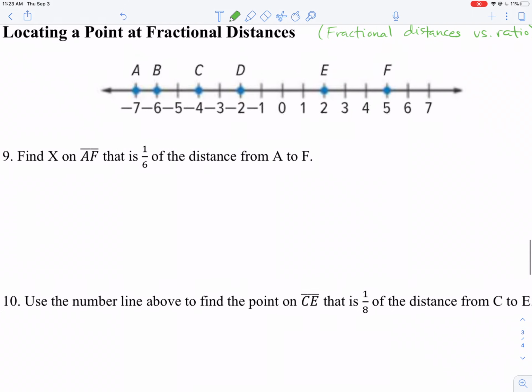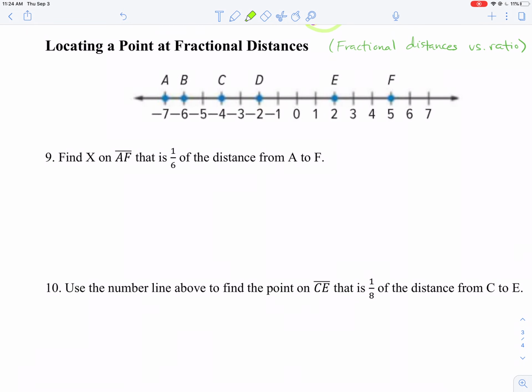In this case, I give you a number line. It's pretty straightforward. I want to find x given that segment AF is like so. I'm going to just sketch it down here so I have it. I know A is at -7, and I know F is at 5.